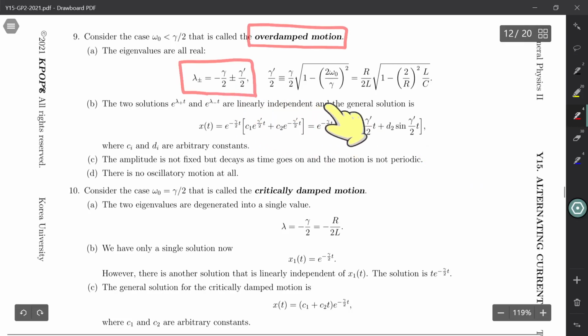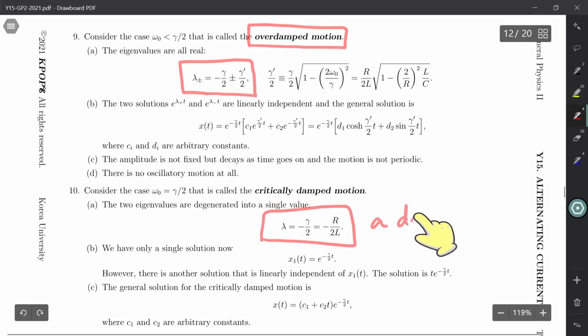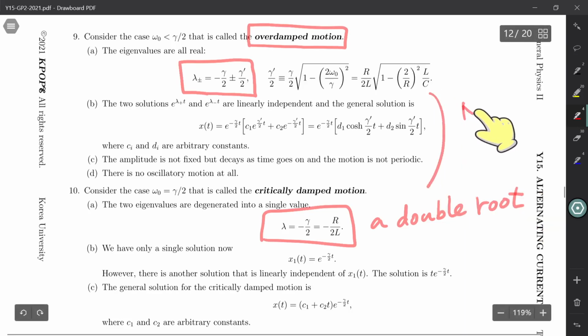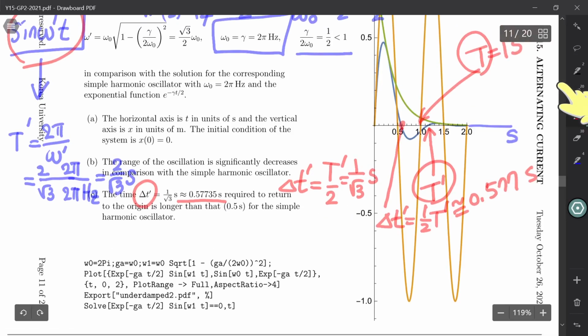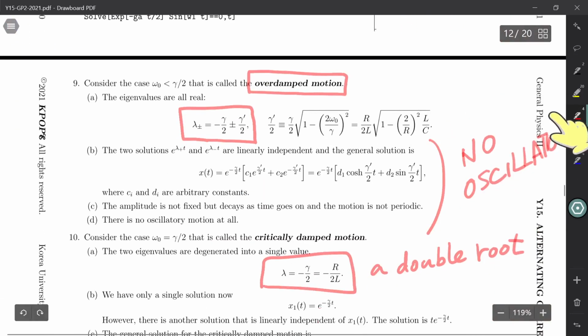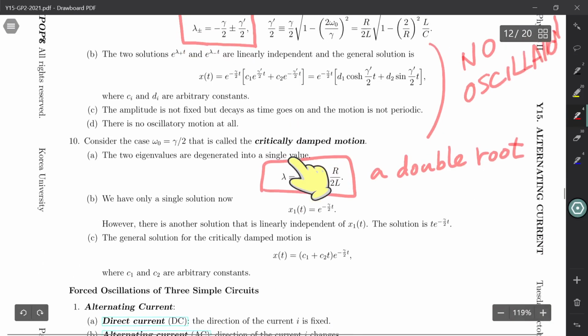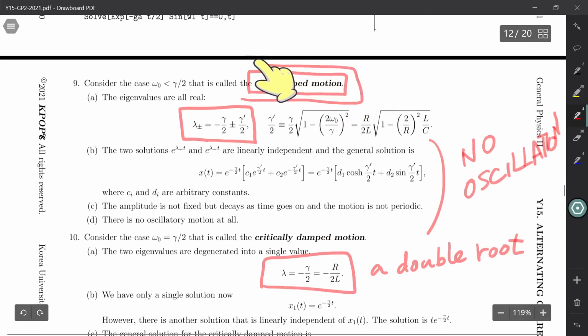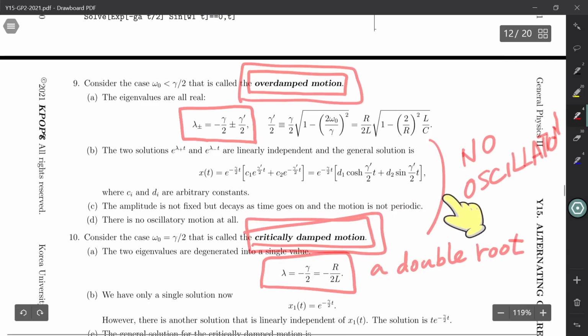The eigenvalues are real, and two real values, but they are identical to each other. A double root. In both cases, no oscillation. No oscillation. This is called the over-damped case, and the double root, we have critical damped case.